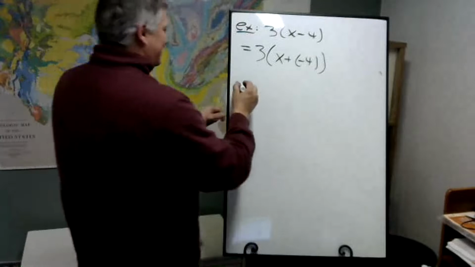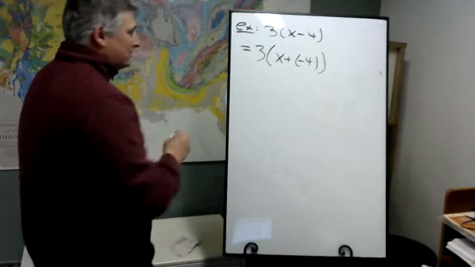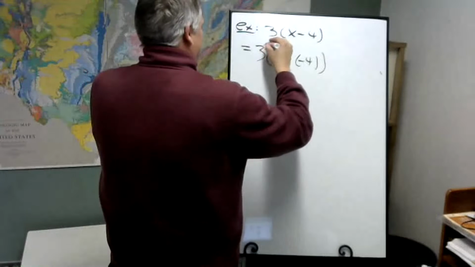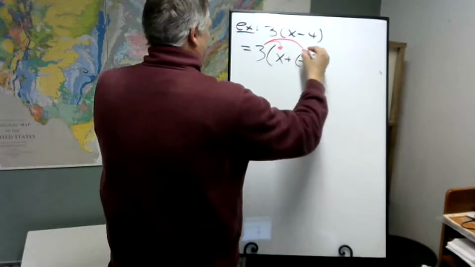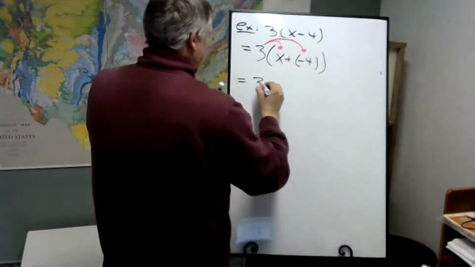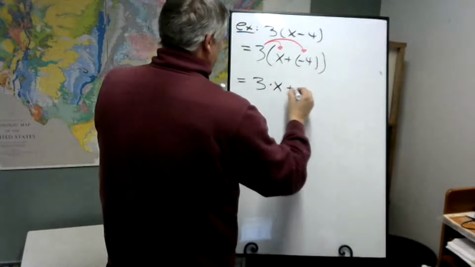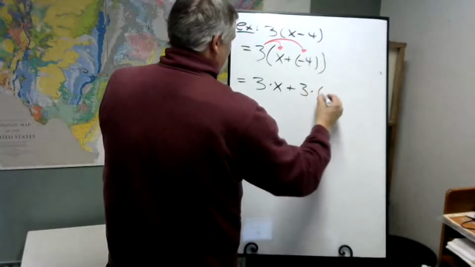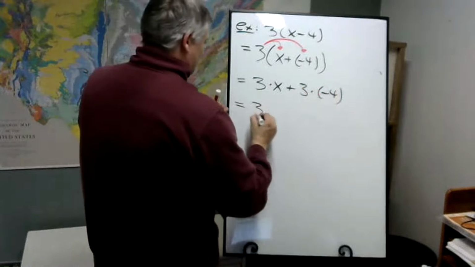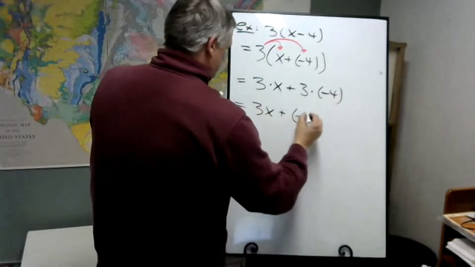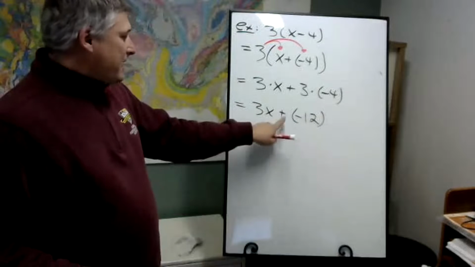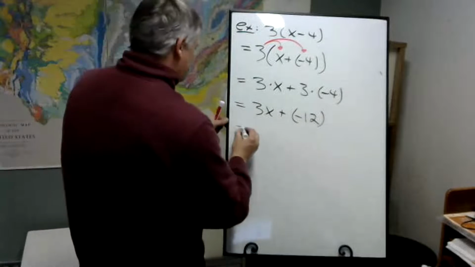And because we're adding, we can distribute. And just for simplicity's sake, adding a negative is the same as subtracting.